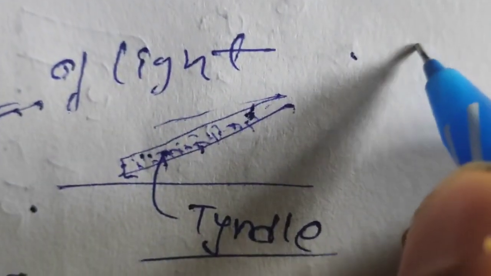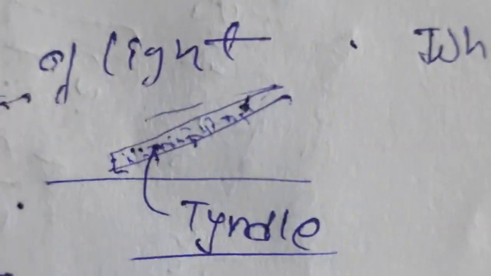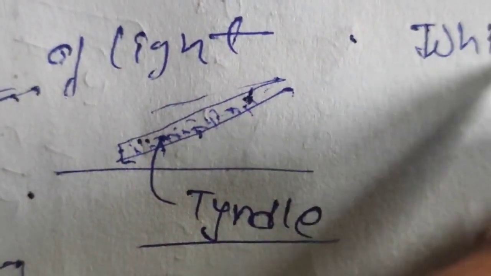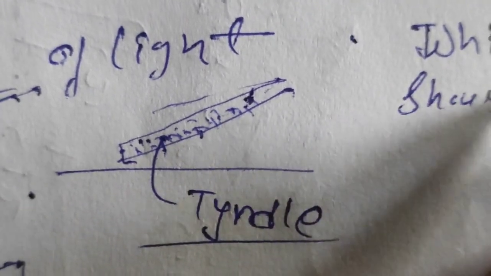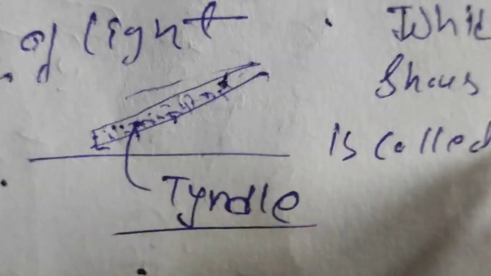So overall, note that the Tyndall effect is the scattering of light, which shows this beam, called the Tyndall beam.